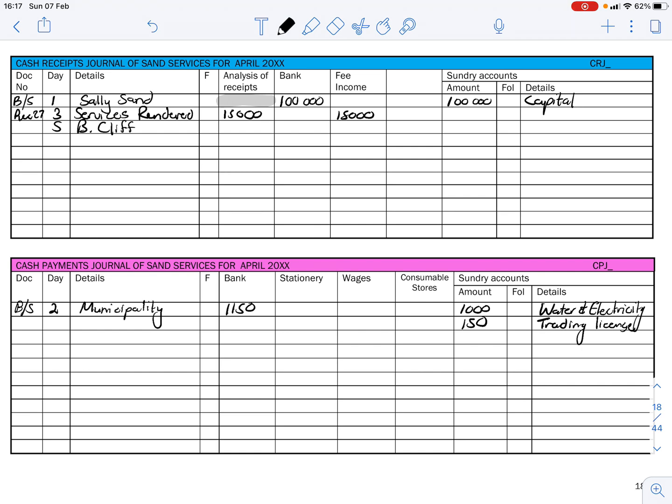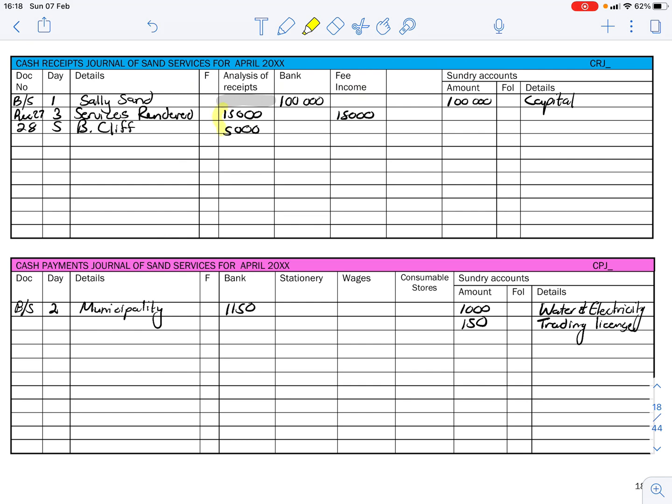They don't give us a receipt number, but we can use receipt number 28, which means everything else would be delayed by 1 number when they give us a receipt number. So on the 12th, we were meant to have receipt number 28, but that would just become receipt number 29. B. Cliff is paying us 5,000 Rand.